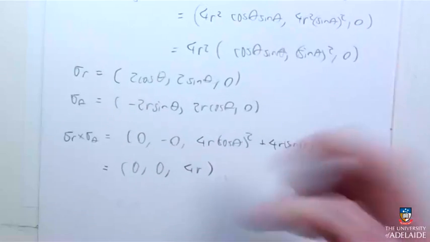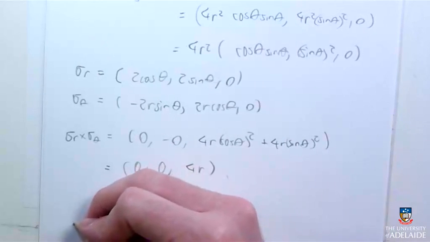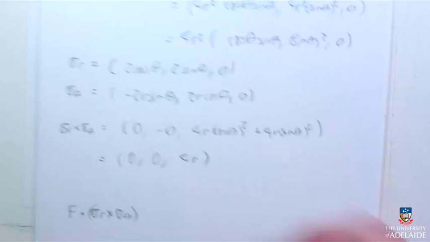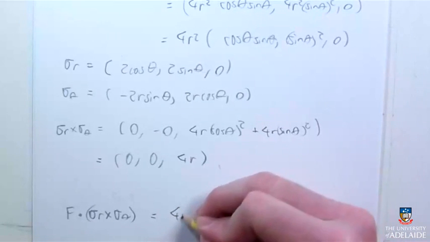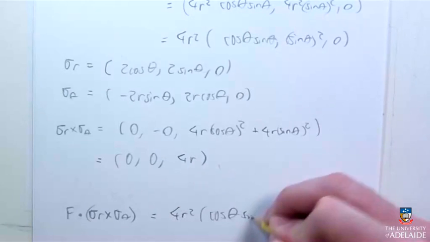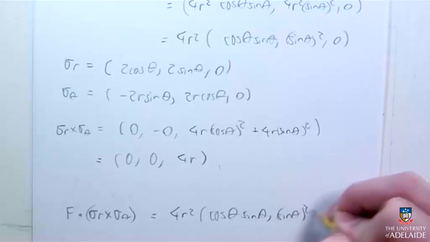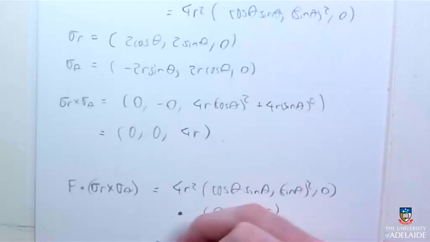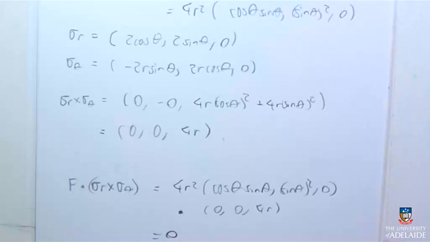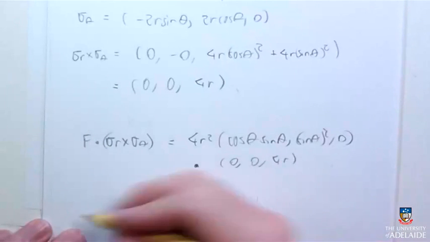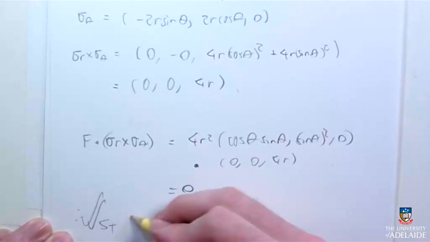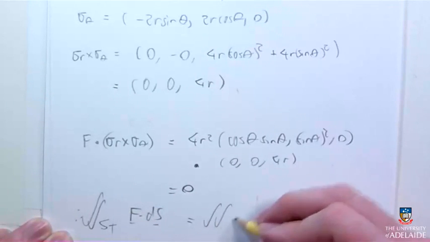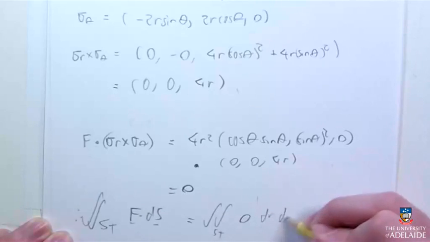So the dot product of my f dot sigma r cross sigma theta is now 4r squared cos theta sine theta squared 0 dot with 0, 0, 4r, and all the 0 positions means this is 0. And so therefore the integral over S_T of f dot dS is the integral over S_T of 0 dr d theta, which is 0.